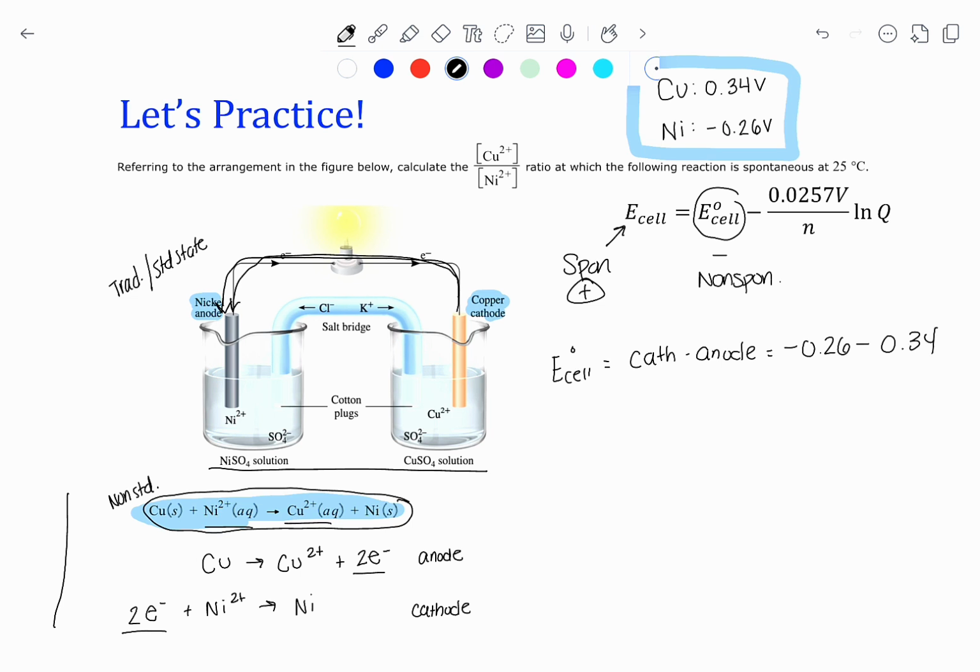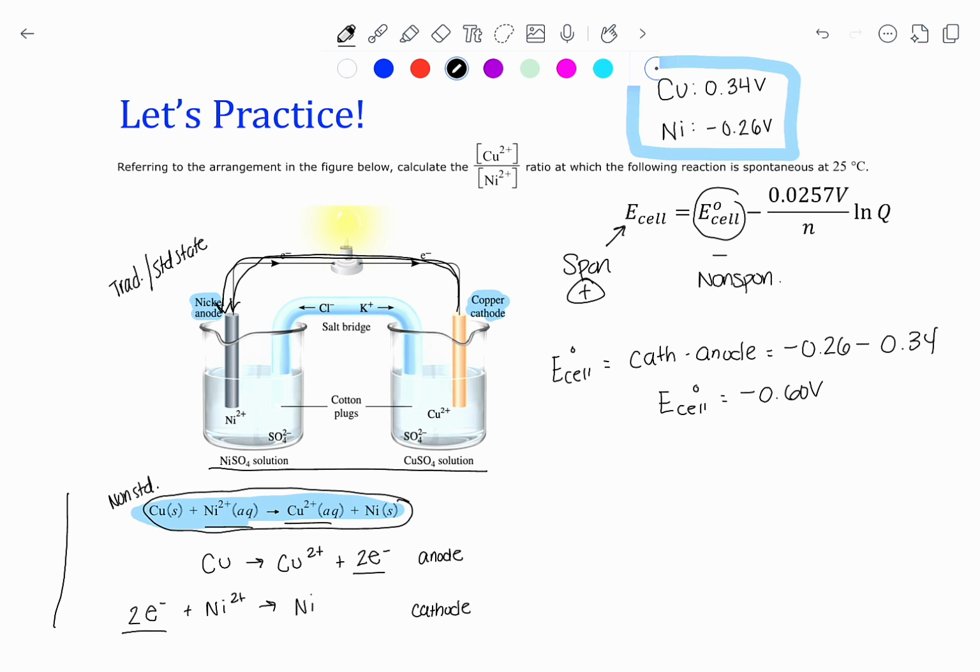We can see that that's going to be negative. So if we take out our calculators and do that, negative 0.26 minus 0.34, we get an E cell naught that is going to be negative 0.6 volts. I'm going to throw an extra 0 on there for sig fig purposes.